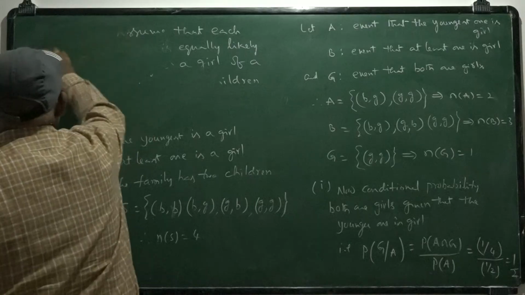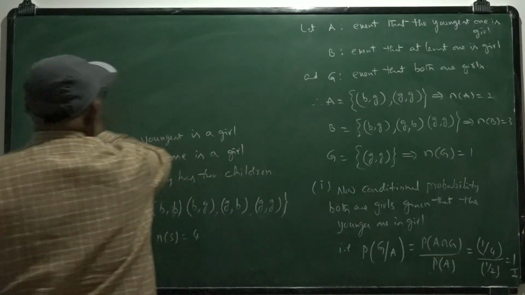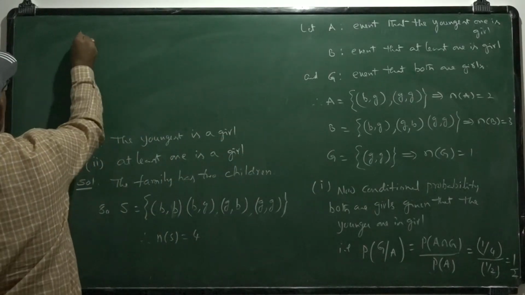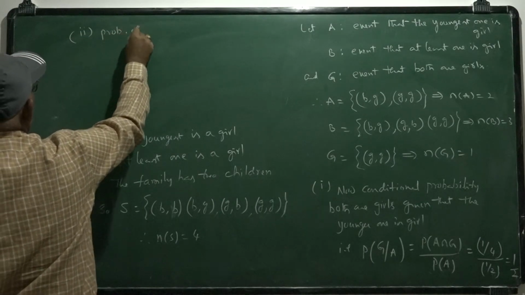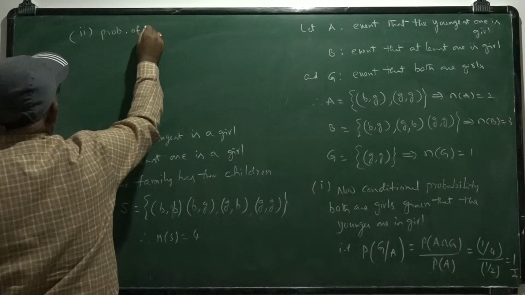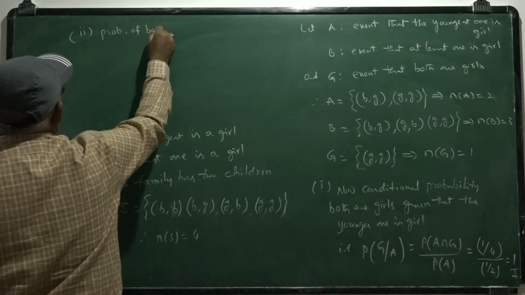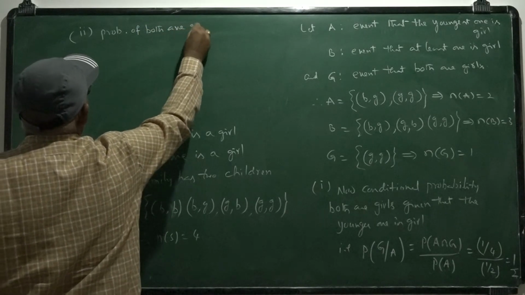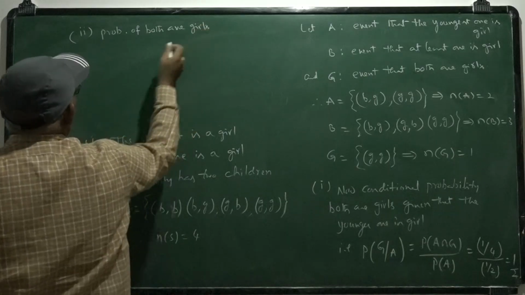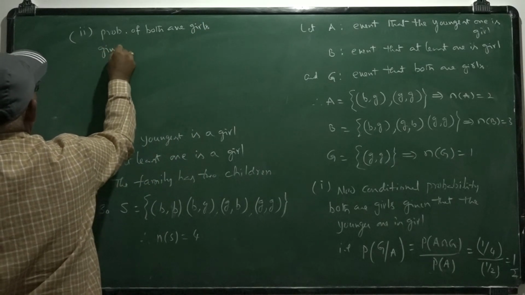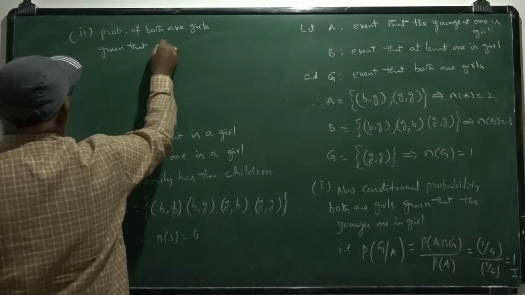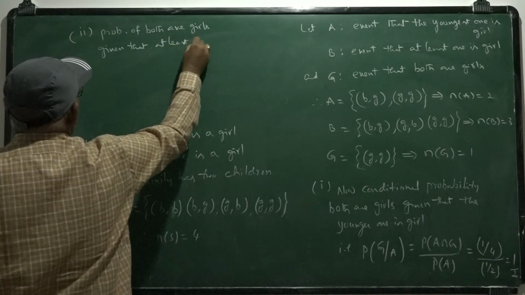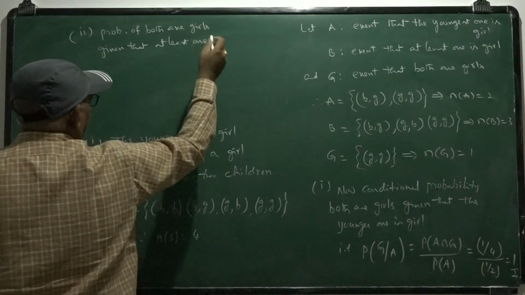Similarly, the second case is the probability that both are girls in the family, given that at least one is girl. The family contains at least one girl.